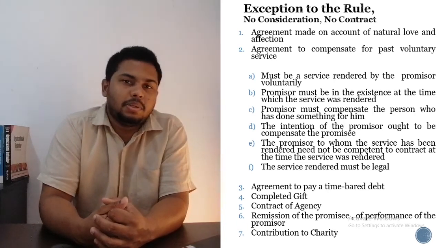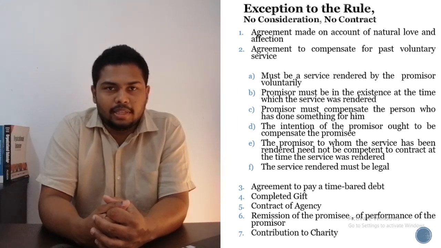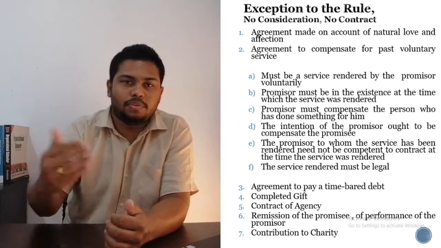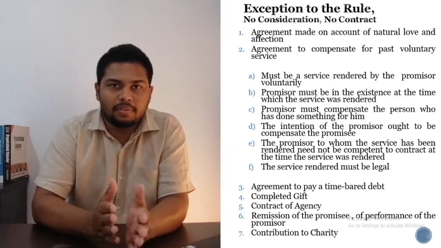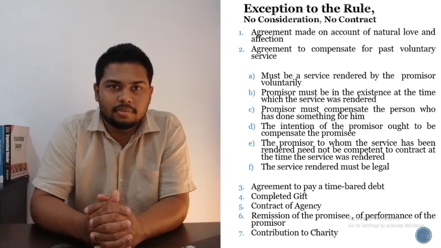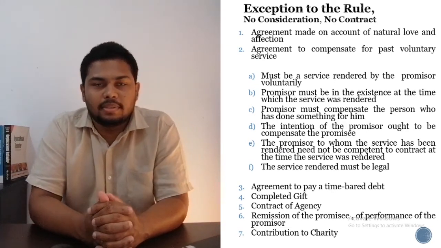For love and affection, you don't want any considerations. For your mother's love, for your father's love, you don't need any consideration. Then, an agreement to compensate for past voluntary services.